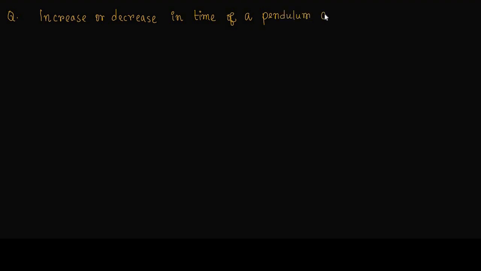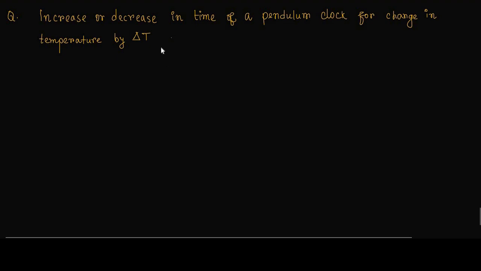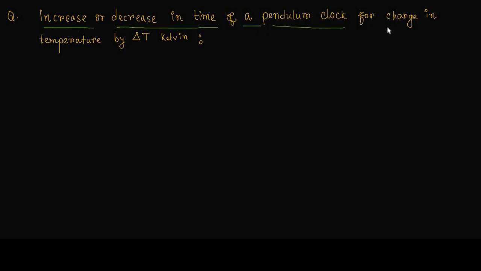Time period of a pendulum clock for a change in temperature by delta T Kelvin or delta T degree C. Increase or decrease in time of a pendulum clock for a change in temperature by delta T Kelvin.